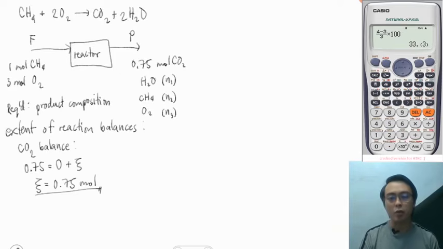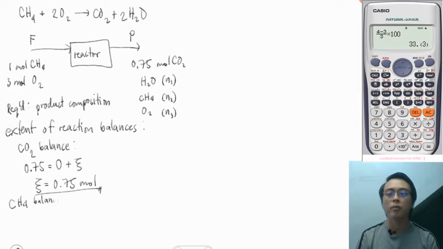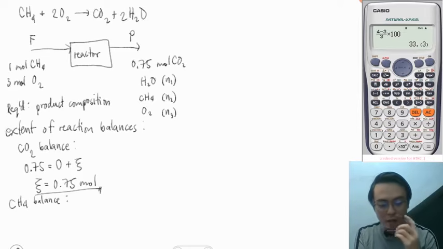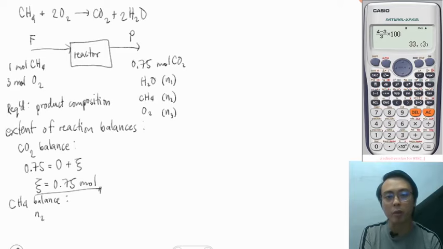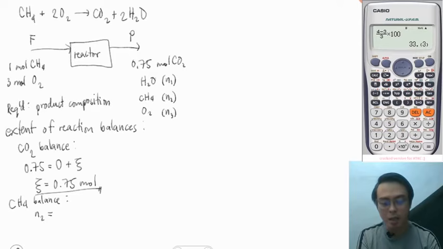Why did I elect to solve for the value of the extent of reaction first? That's because the extent of reaction is constant for this one equation, and it would appear in all of the other extent of reaction balances. Case in point, let's try the CH4 balance. Output CH4 is N2 based on our diagram. Remember, we have represented the amount of methane coming out of the reactor as N2, which is equal to how much methane is going in, that is 1, plus or minus.